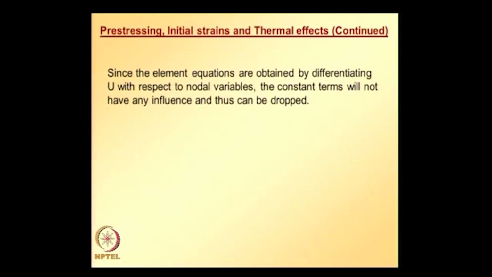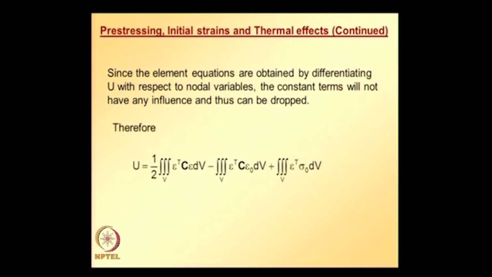So, whatever constant terms are there in the previous equation, they will all drop off when we take derivatives with respect to the nodal displacements or nodal variables. So, finally, we are going to get this one. So, before we do differentiation we can remove the constant terms, or we can take derivatives of constant terms, automatically they are going to be 0.